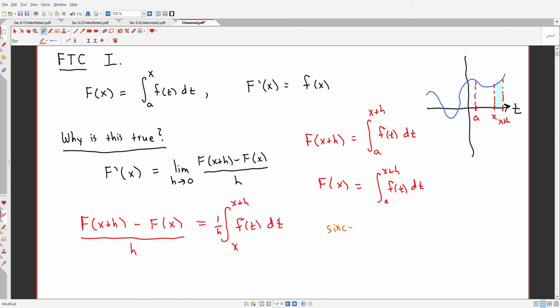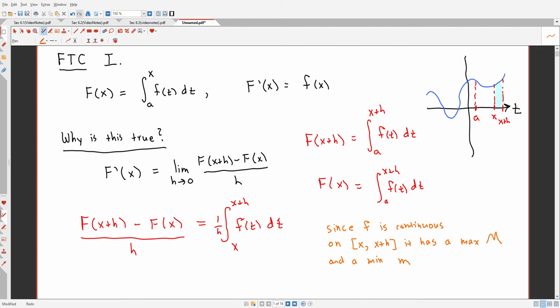Since the function little f is continuous on this interval I'm looking at, on the interval from the starting point x to the new stopping point x plus h, it has a maximum value, capital M, and a minimum value, lowercase m.